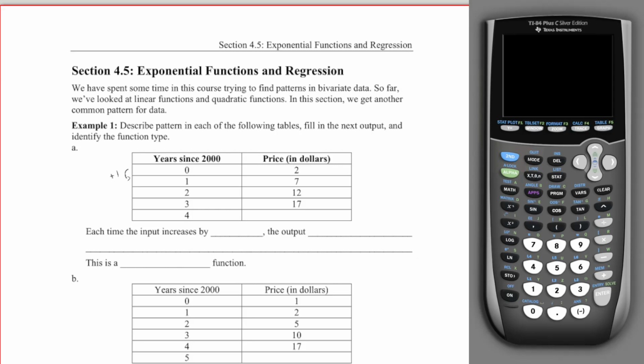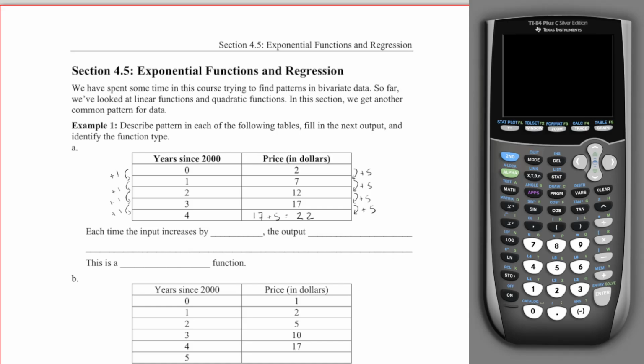In this table, each time we go down a row, our input increases by 1, and our output increases by 5. If we want to fill in this remaining block, we'll put in 17 plus 5 is 22.